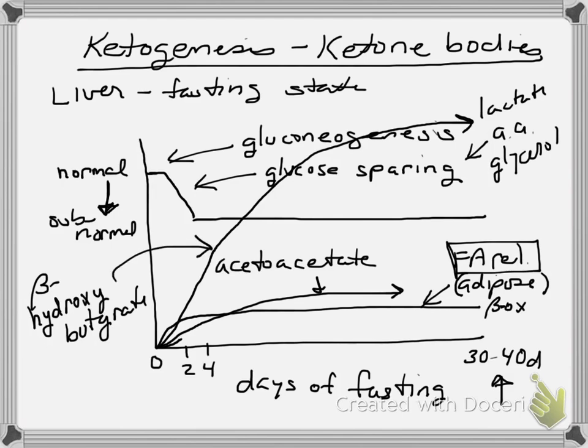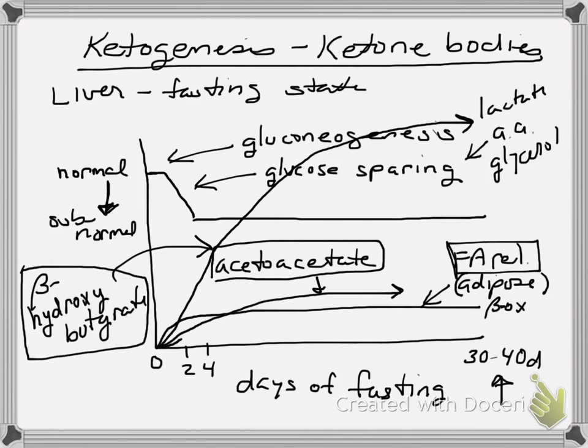So these are the two ketone bodies that we are going to be concerning ourselves with. The first is acetoacetate. The second is beta-hydroxybutyrate. And these two ketone bodies are essentially the fuel sources that make up for the glucose sparing response by the body and the drop in gluconeogenesis. The brain can very readily use both of these fuel supplies, as can most other cells, especially, of course, skeletal muscle.